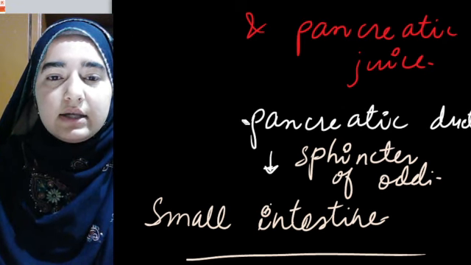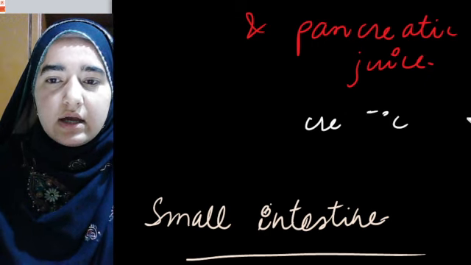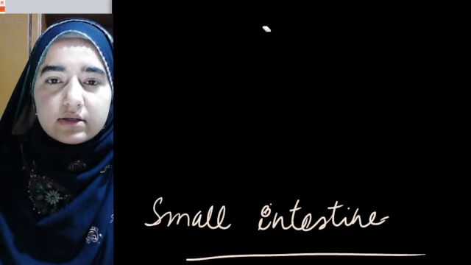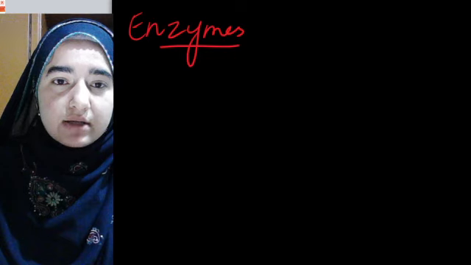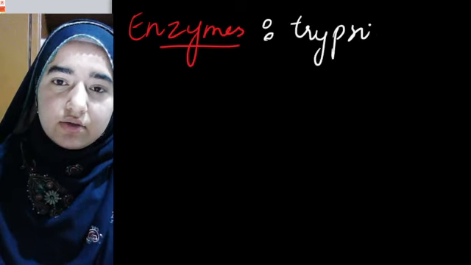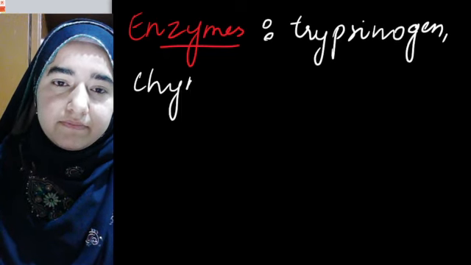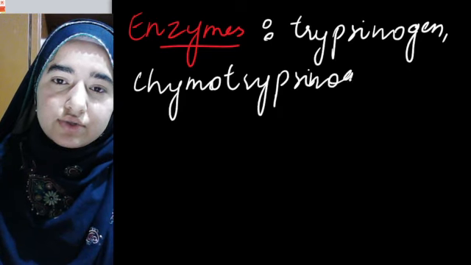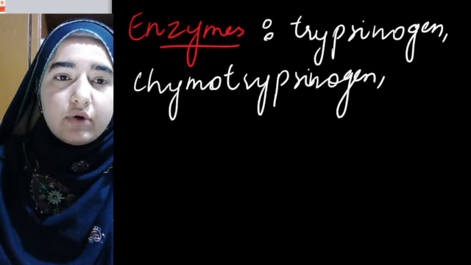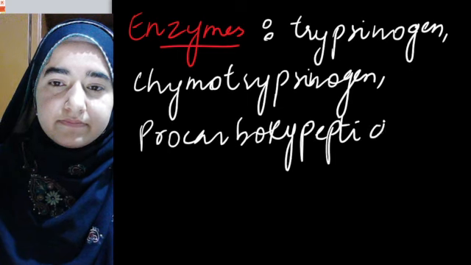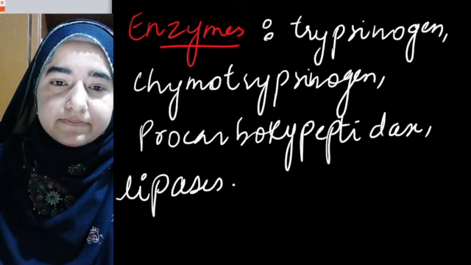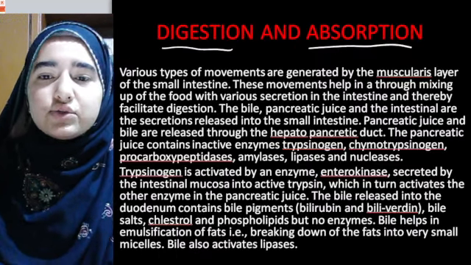So some enzymes are present in our pancreatic juice, like trypsinogen, chymotrypsinogen, procarboxypeptidase, peptidase, lipases, nucleases, and so on and so forth.